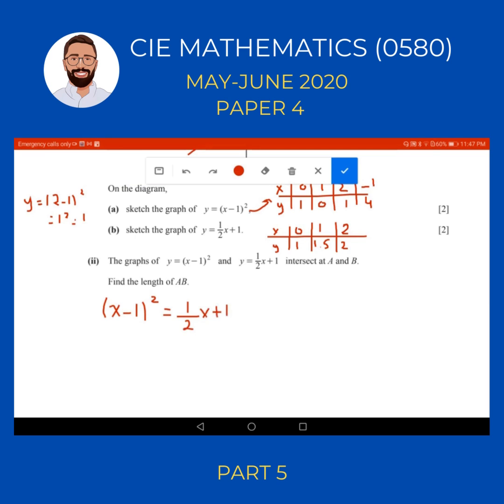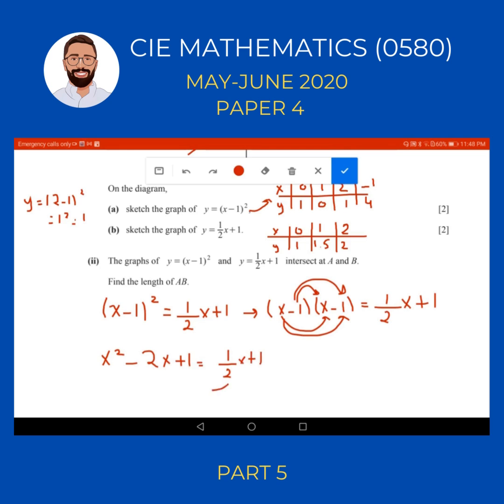And x minus 1 squared is the same as x minus 1 times x minus 1, and that's equal to half x plus 1. Now x minus 1 times x minus 1, I need to multiply x times x, which is x squared. x times negative 1 is negative x, and negative 1 times x is negative x, so negative 2x, and negative 1 times negative 1 is plus 1, and that's equal to half x plus 1.